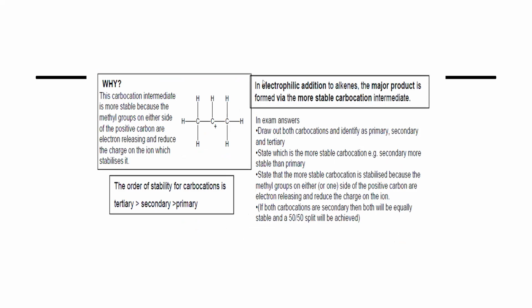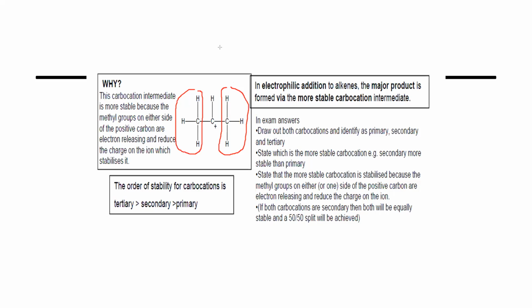Then if the question is why the carbocation which is surrounded by more alkyl groups is more stable, what is the reason for that?